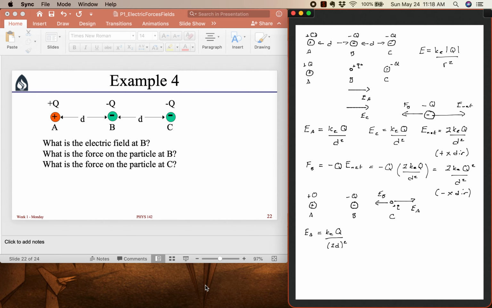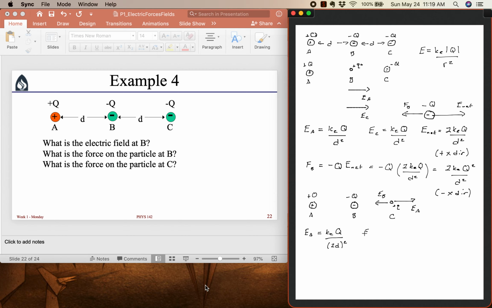And then that gets squared, because this distance is d and then this distance is d. So C is 2d away from A. All right, so that's the electric field made by A at the location of C.